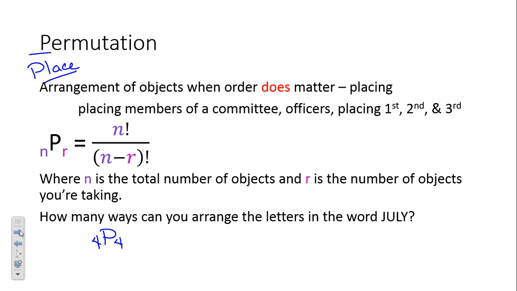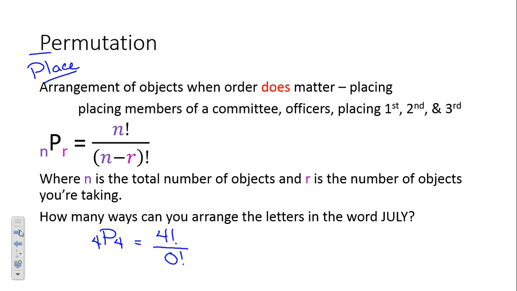By our definition, 4P4 means we take the first 4 factorial and divide it by 4 minus the second 4, and 4 minus 4 is 0, so we'll have a 0 factorial, and 0 factorial is defined as the number 1. So we're taking 4 factorial and dividing it by 1.